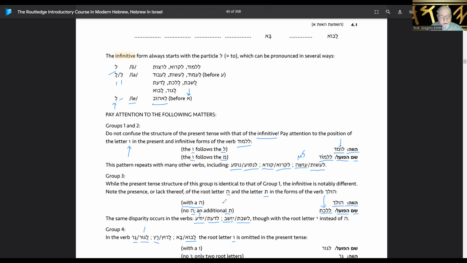Okay, and then we have ba, he is coming, or he comes. It's in the present tense. The root letter vav is omitted in the present tense. Okay, let's go on down here.